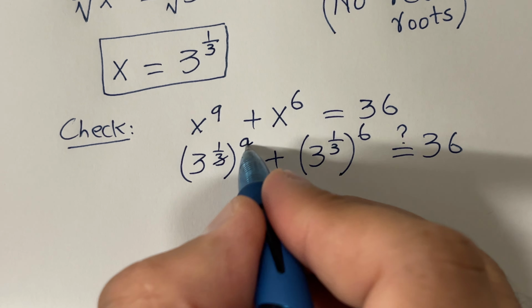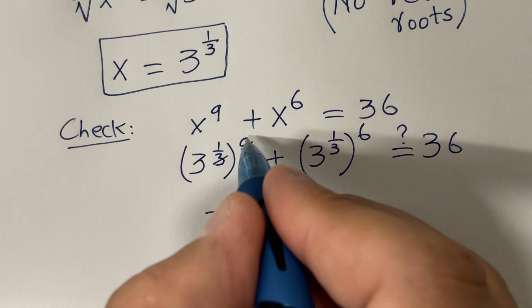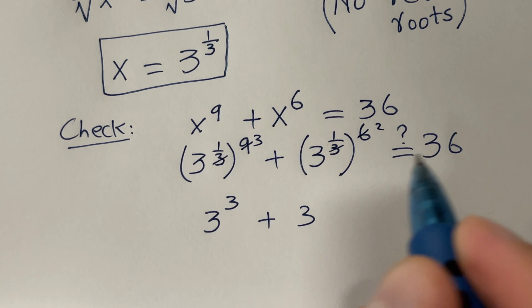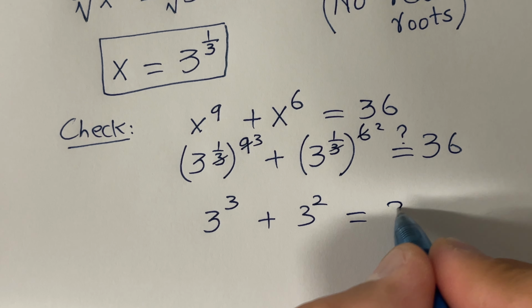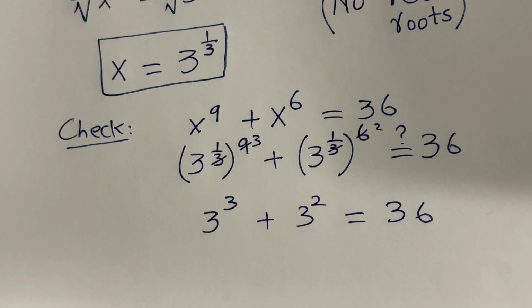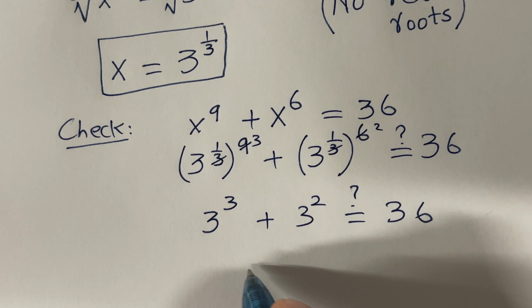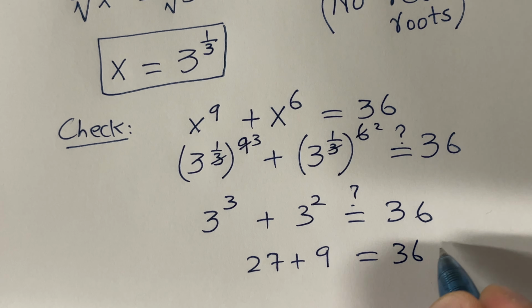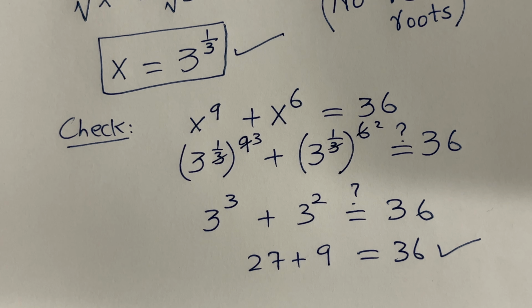Law of indices: multiply the exponents. So 3 raised to the power 3, 3 times 3 is 9, plus 3 raised to the power, multiplying the exponents, 3 raised to the power 2. Is this equal to 36 or not? 3 cube is 27, plus 3 square is 9, which is equal to 36. It means that this is the only real solution.